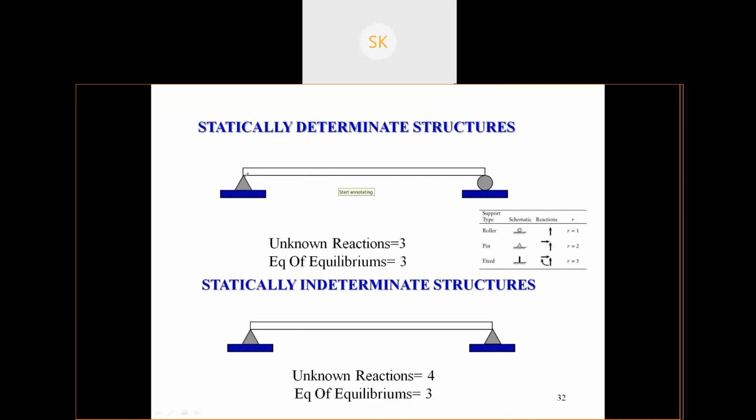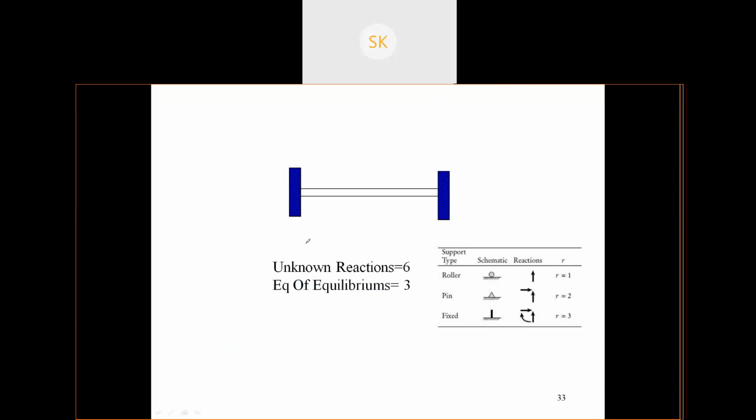Suppose I have a beam which has only a roller support. The roller support will only resist vertical reactions. It will only give you vertical reactions. If I put a horizontal force on this member, will this beam move to a new position or not? It will move in the direction of the applied load.